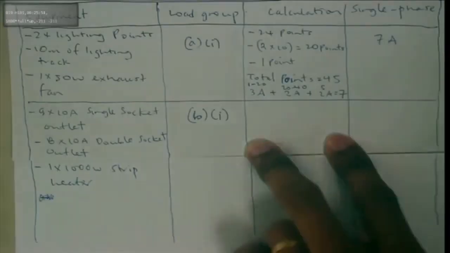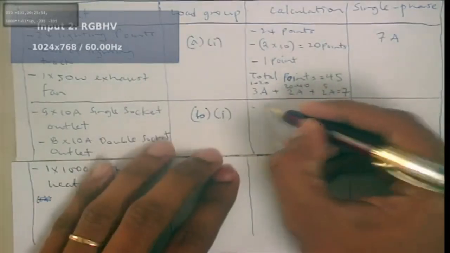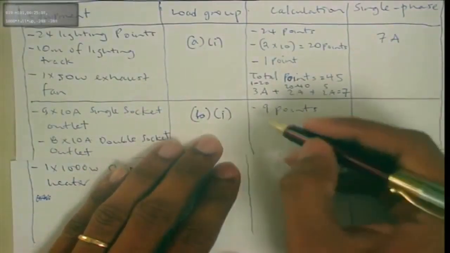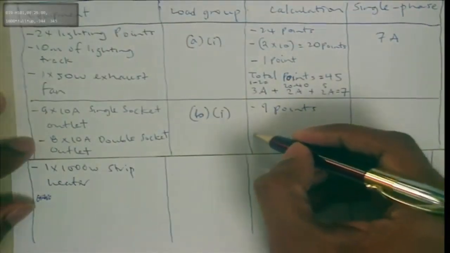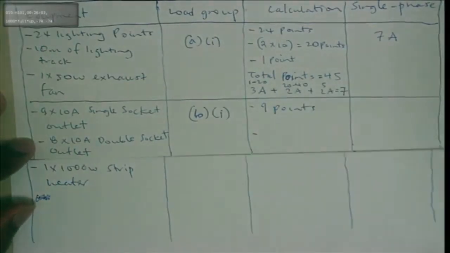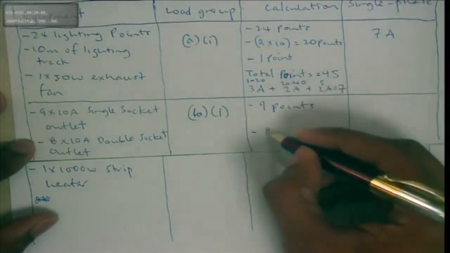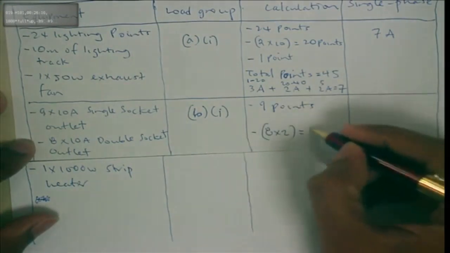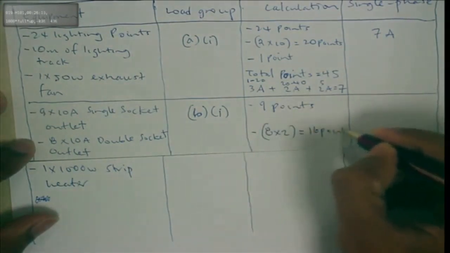Okay, so for the first equipment we have 9 points. For the next item it is 8 by 10 amp double socket outlet, that means we have 8 by 2, this is 16 points.